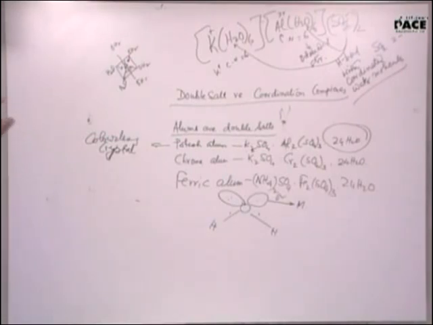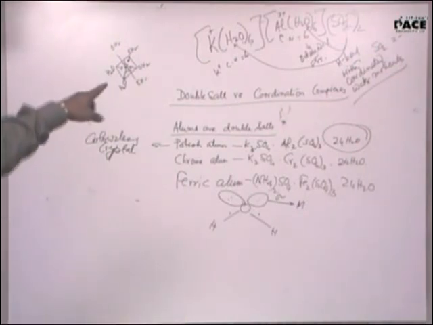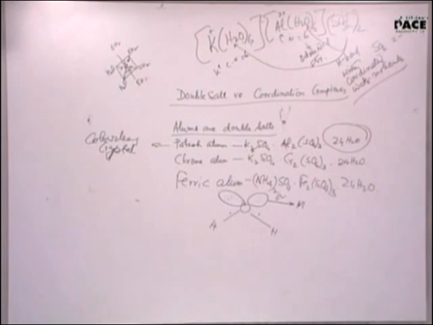The sulfate oxygen forms hydrogen bond with coordinated water, which are present along aluminium as well as surrounding potassium ion. And that stabilizes the crystal structure of alum.